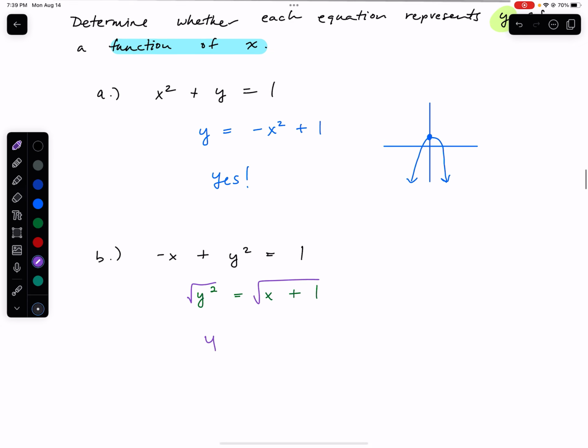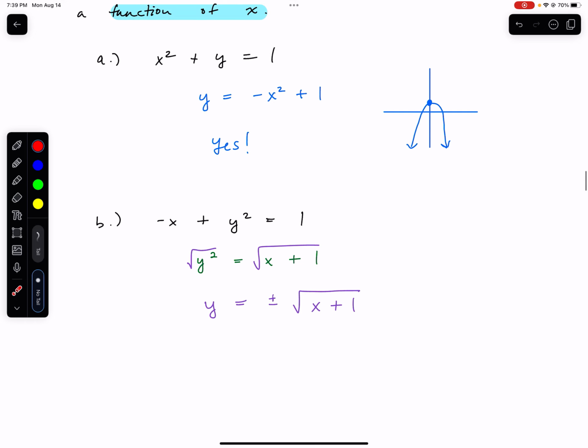So y is equal to, remember, whenever we solve an equation, we have to square root both sides. That's going to give us a plus or minus. Now, because of this plus or minus, that means that if we plug in an input, we're going to have two different outputs because one of them is going to be positive, one of them is going to be negative.